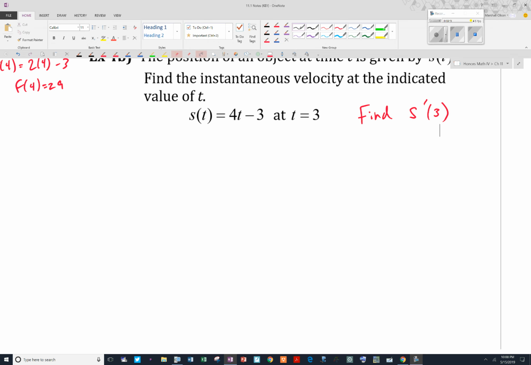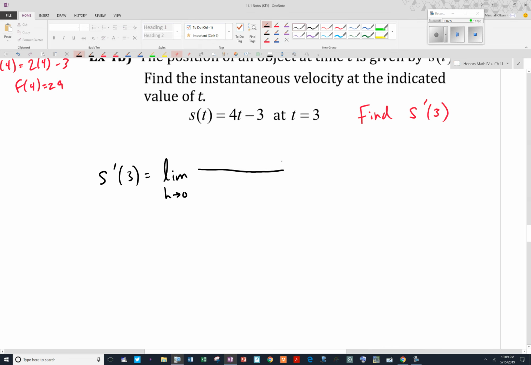So let's find that here. All right, so let's find s prime of 3. I'm going to again use the limit definition of a derivative where h approaches 0.